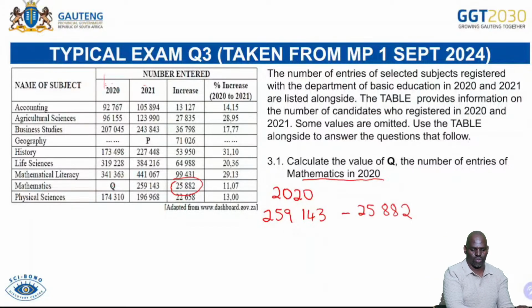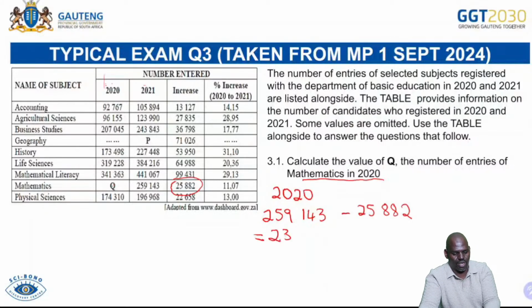Okay, so if you take your calculator, 259,143, and then we minus 25,882, then it means it was 233,261.